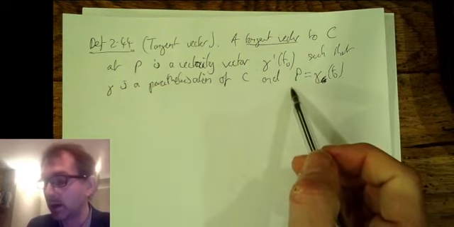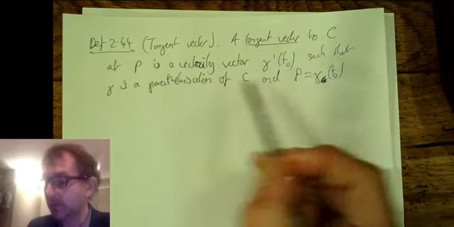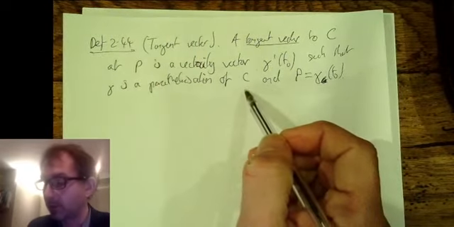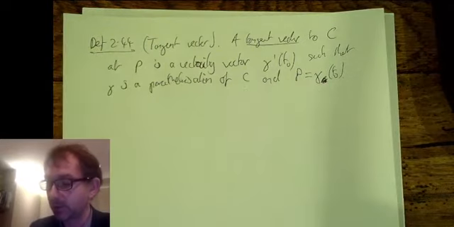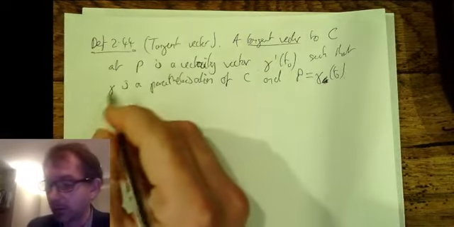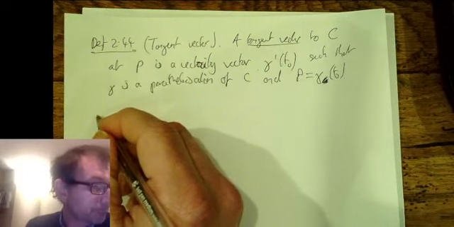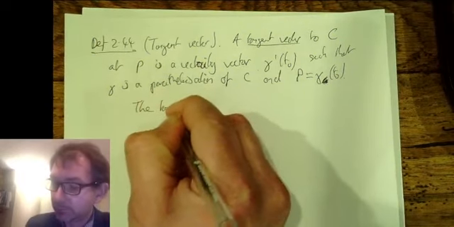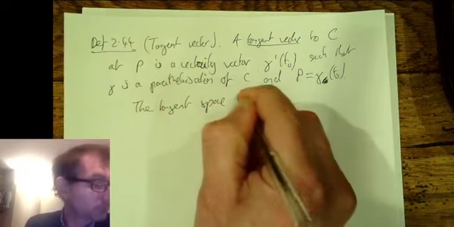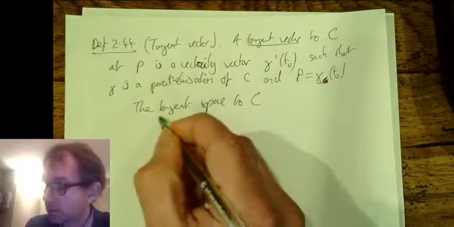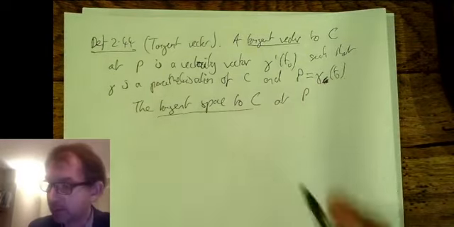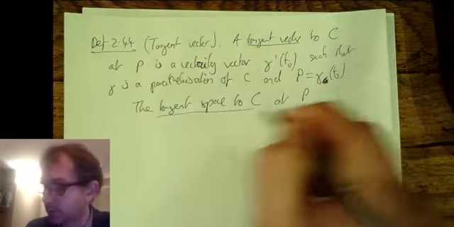So this does mean, in principle, you have to consider all the possible parameterizations of your curve in order to get all the possible velocity vectors. Okay, and then the tangent space to C at the point P is just that complete set of tangent vectors.